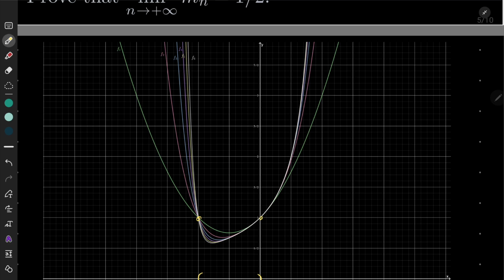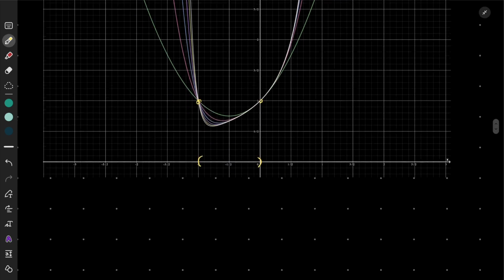And moreover, from these graphs we see that for every one of the first 6 functions in our sequence, from -infinity to -1 and from 0 to +infinity, values are always greater than or equal to 1. So now we wish to prove all of it formally.